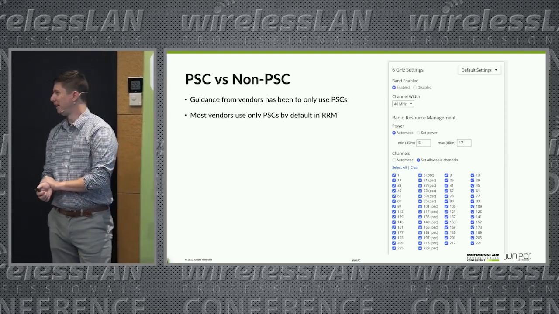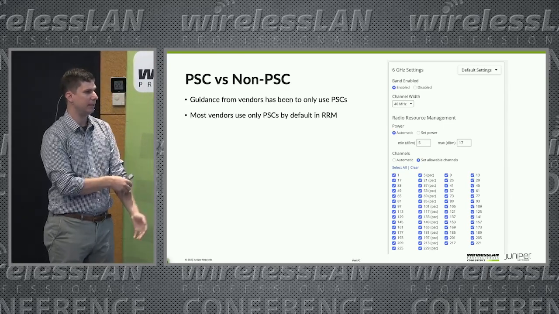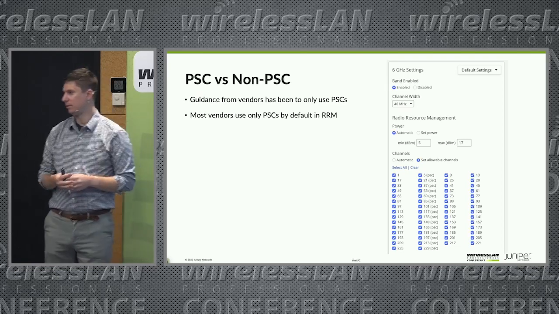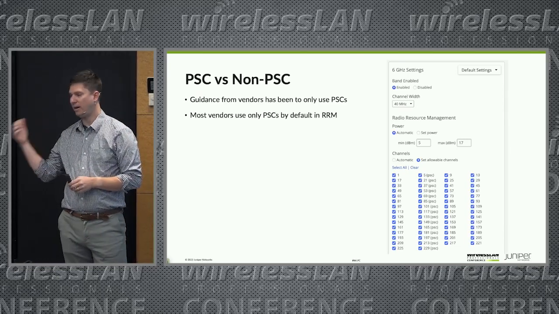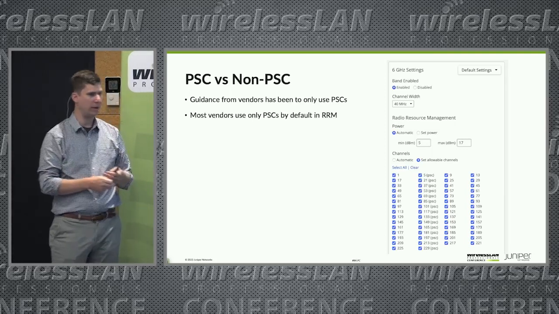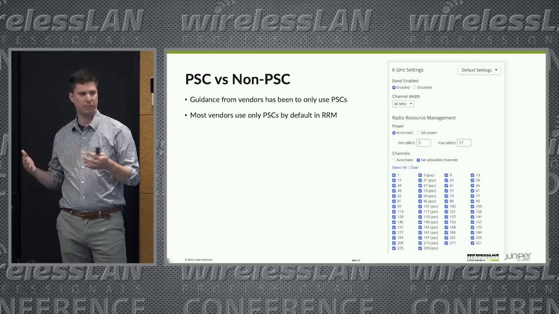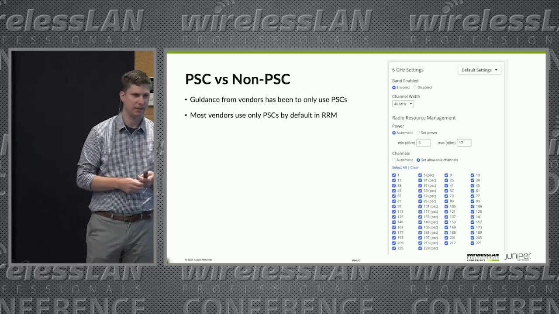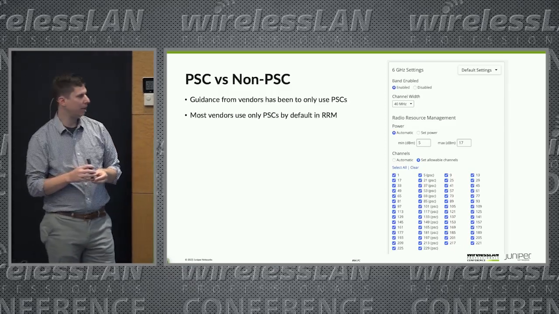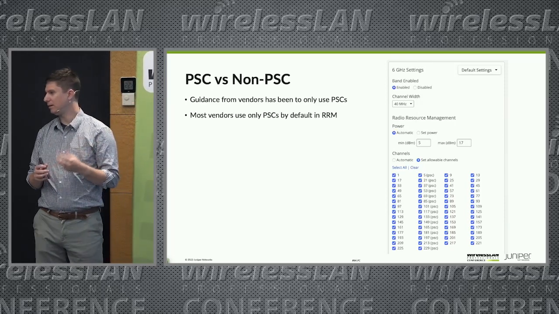That's because at the time of the recommendation, we didn't have a full client ecosystem. We didn't have iOS, we didn't have macOS. We had Android, we had Windows, but we didn't fully know what the client behavior was going to be like. We now have that. So let me talk a little bit about what our experience has been with using non-PSCs.